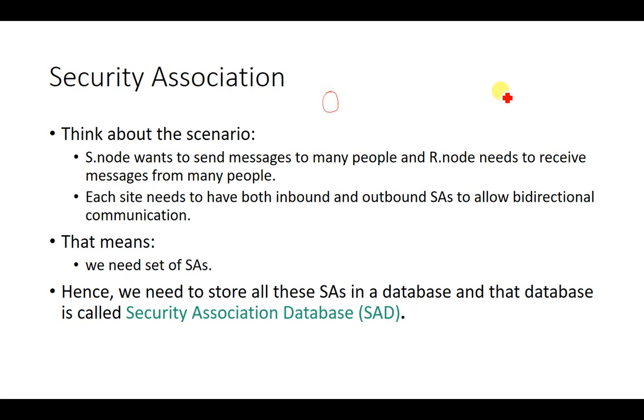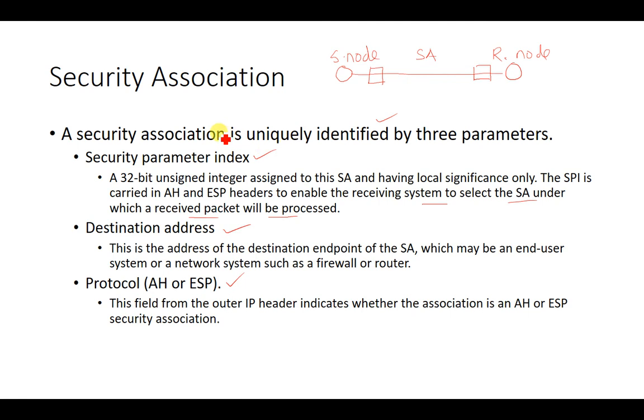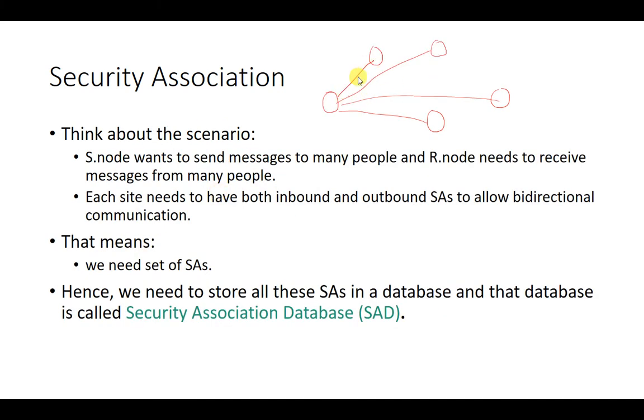Suppose these are the senders and receivers. Maybe this one sends data to these nodes. Then these lines show the security associations. For each security association we are representing the data, and these have already been represented with these parameters, so we need to represent all the parameters.